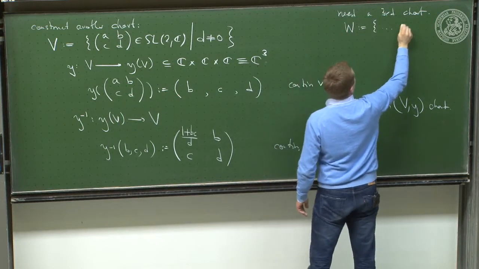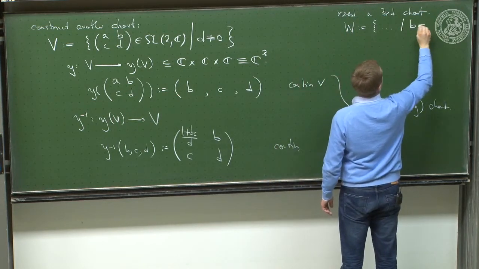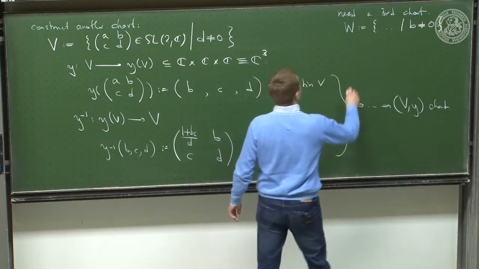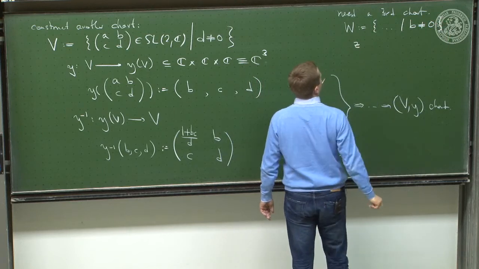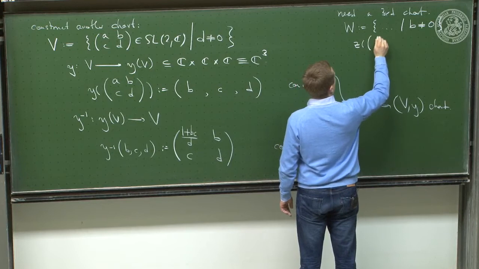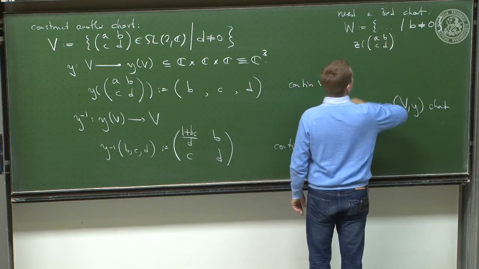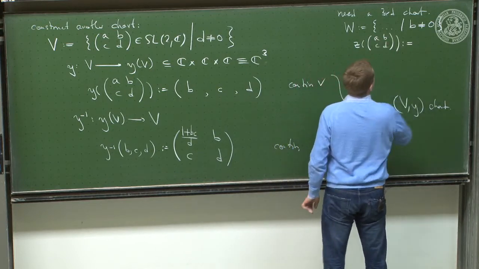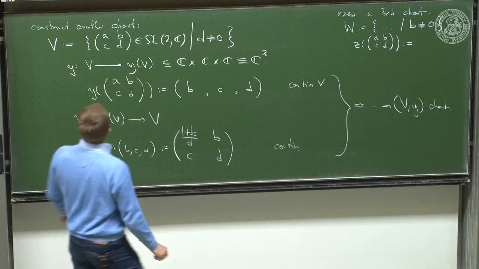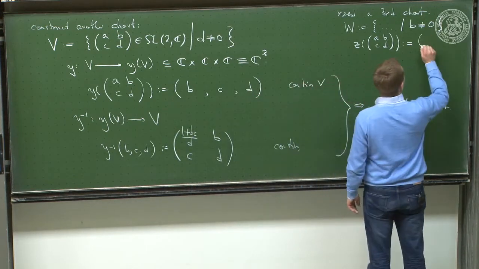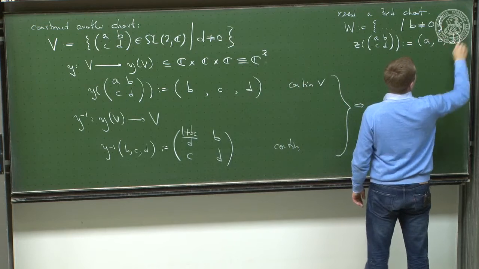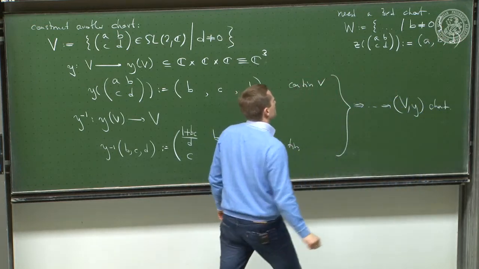It's defined as before, but now for B non-equal to 0. And then we construct the coordinate map Z of A, B, C, D. If I have B non-zero, I can divide by the D, but then I can express the C. So I will have A, B, D as this map.